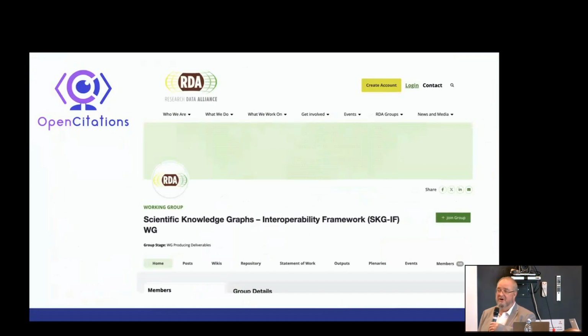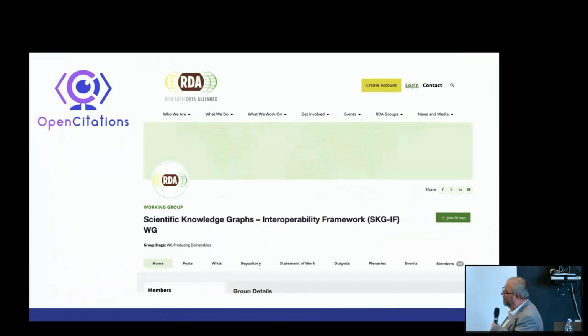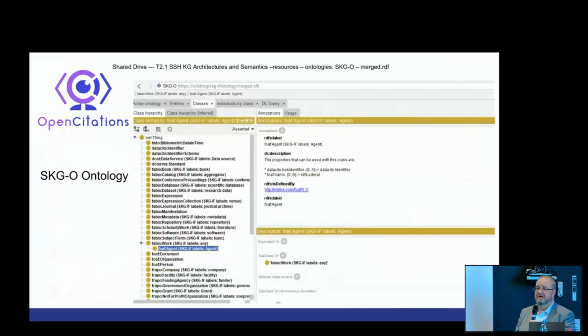In the context of the RDA, there is an interest group or working group called the Scientific Knowledge Graphs Interoperability Framework. They have been working extensively on the question: we have several databases that contain similar information, how do we connect them together? That work led to the SKG-IF ontology, where they started having this lightweight ontology I was talking about.